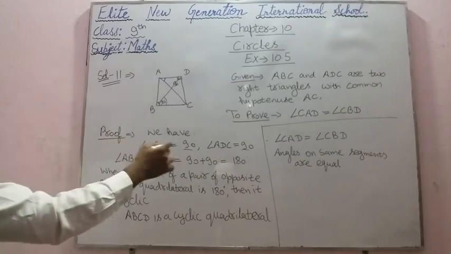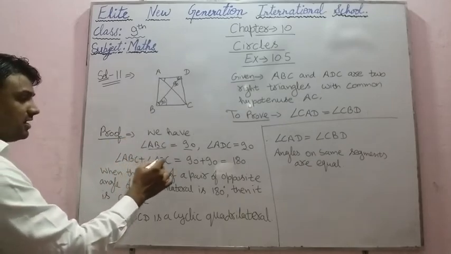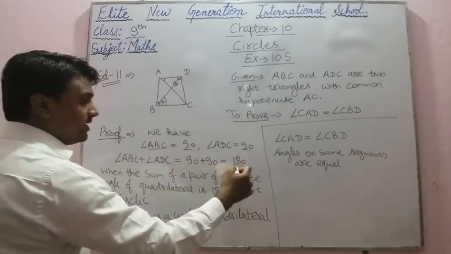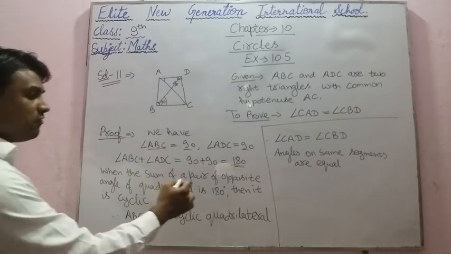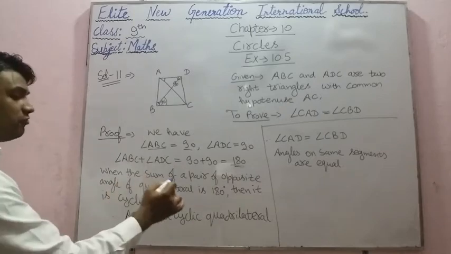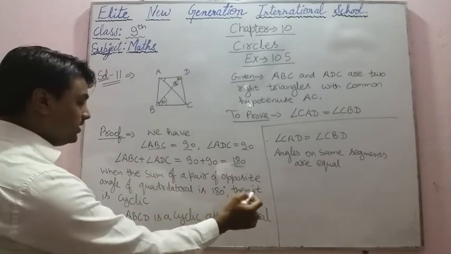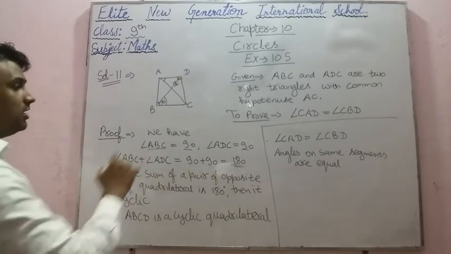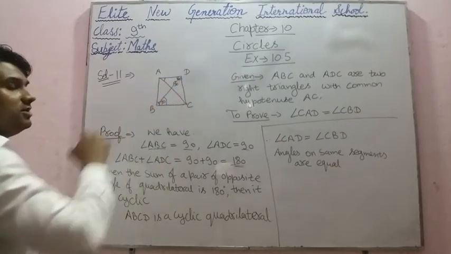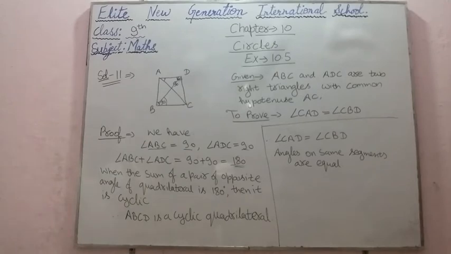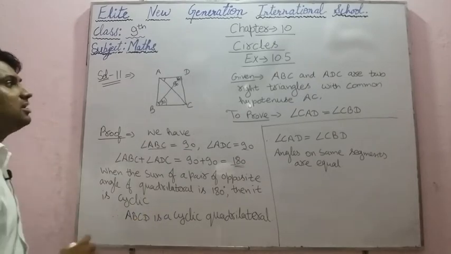When we add them, angle ABC plus angle ADC equals 90 plus 90, that is 180. According to the theorem, when the sum of a pair of opposite angles of a quadrilateral is 180, then it is cyclic. These are opposite angles of the quadrilateral and their sum is 180. Therefore ABCD is a cyclic quadrilateral.